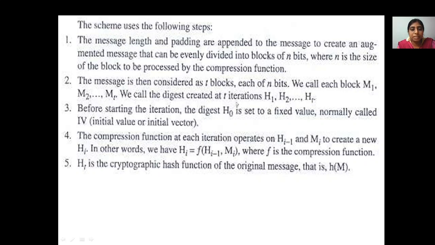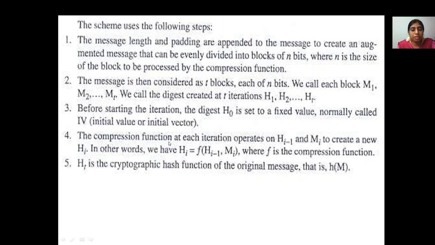We get the digest created by using T iterations with the hash values H1, H2, H3 till HT. Before starting the iteration, the digest H0 is a fixed value, normally called the initial vector.